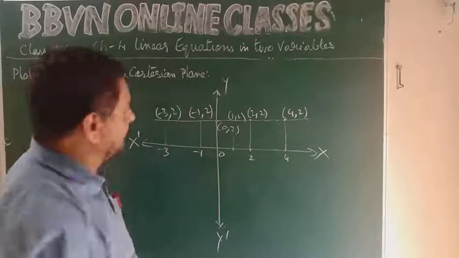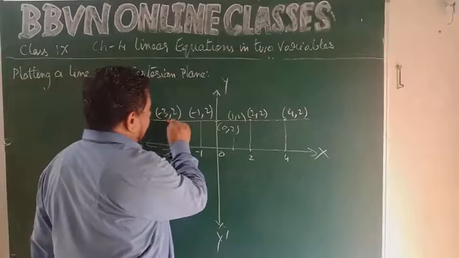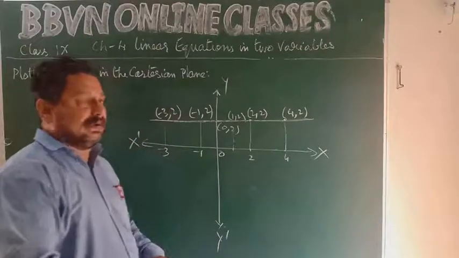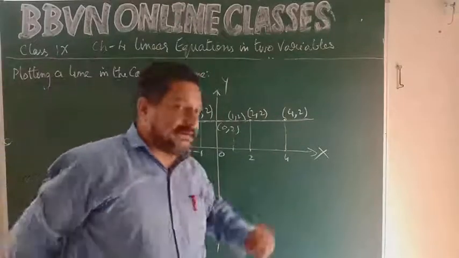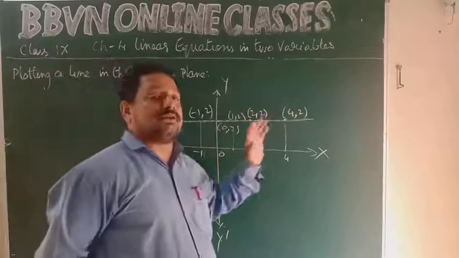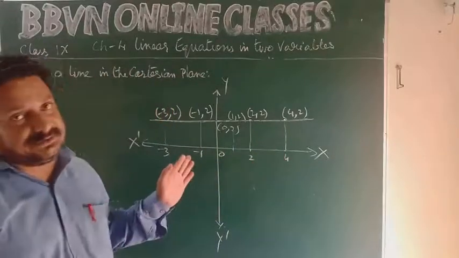So what do we see? This is a line which is parallel to x-axis, and in this line every point has the same y coordinate. Y coordinate is not changing, x coordinate is changing.